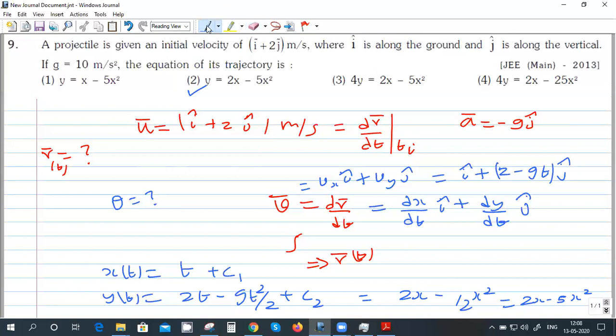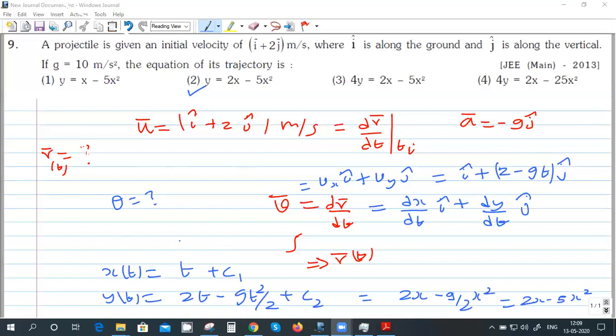When you are studying at home, I think you should not just use the formula, try to understand what is going on. So u is this one, right? Whatever is given, that's equal to dr by dt at the initial time. Acceleration is minus j cap, and theta is initial.